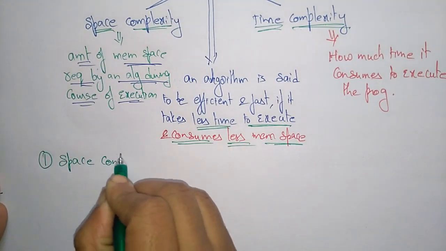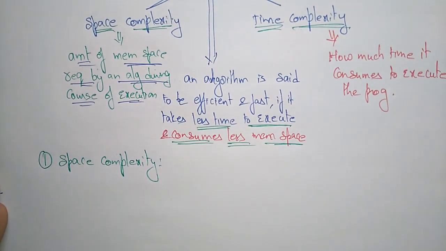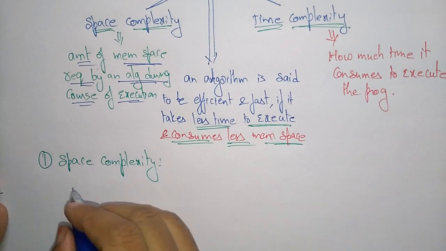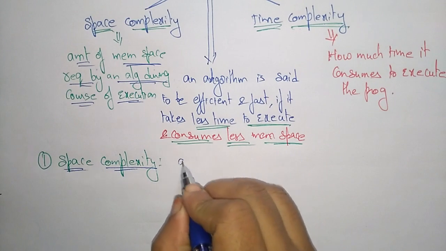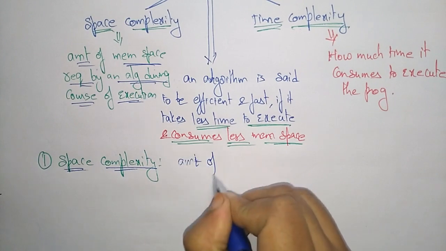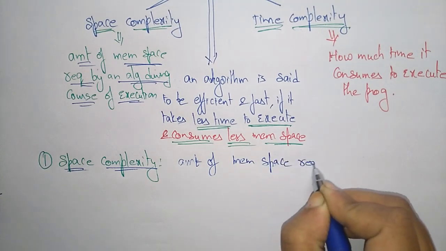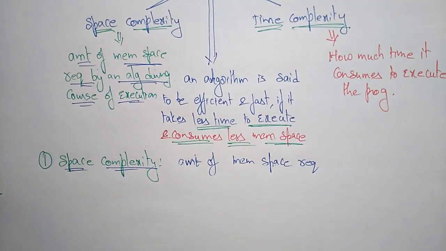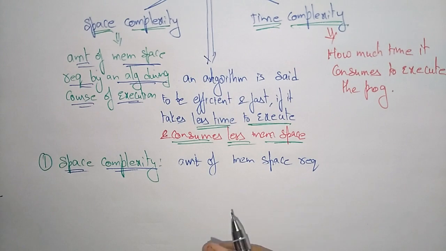Space complexity. I said the space complexity is nothing but the amount of memory space required to execute an algorithm. So that you call it a space complexity. Why does the algorithm require space?